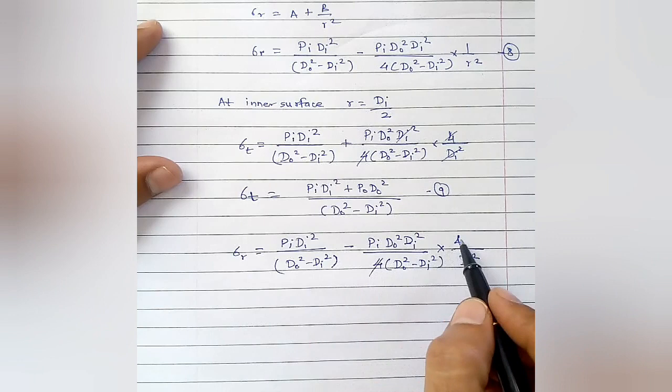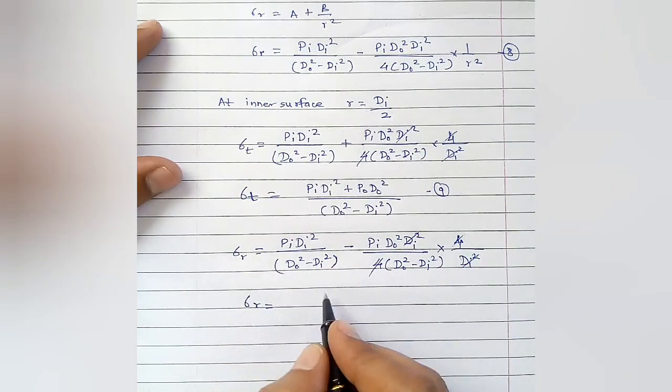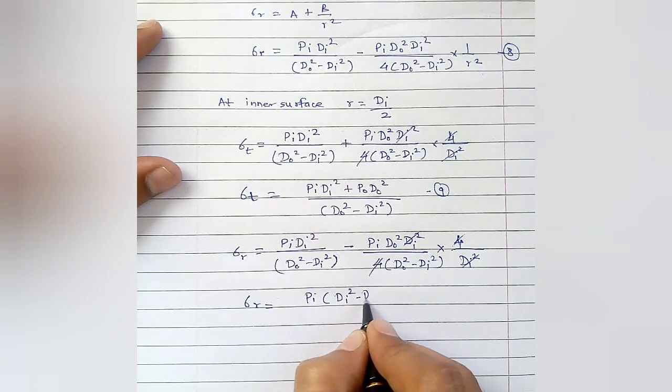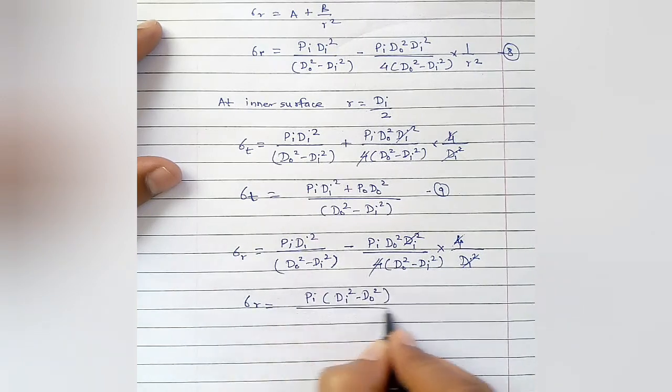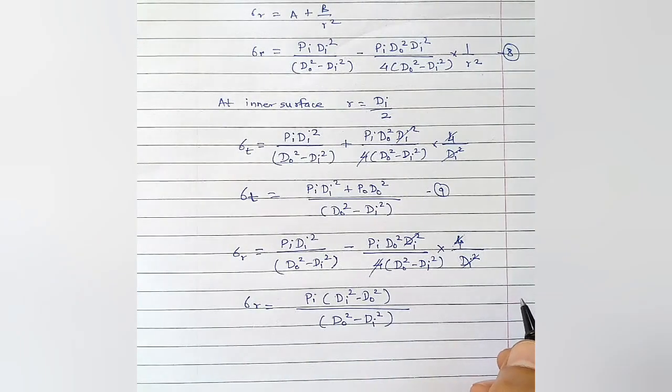So 4 will get cancelled, di will get cancelled, hence the value of radial stress will be pi into bracket di square minus dO square divided by dO square minus di square. So this value of radial stress is at the inner surface.